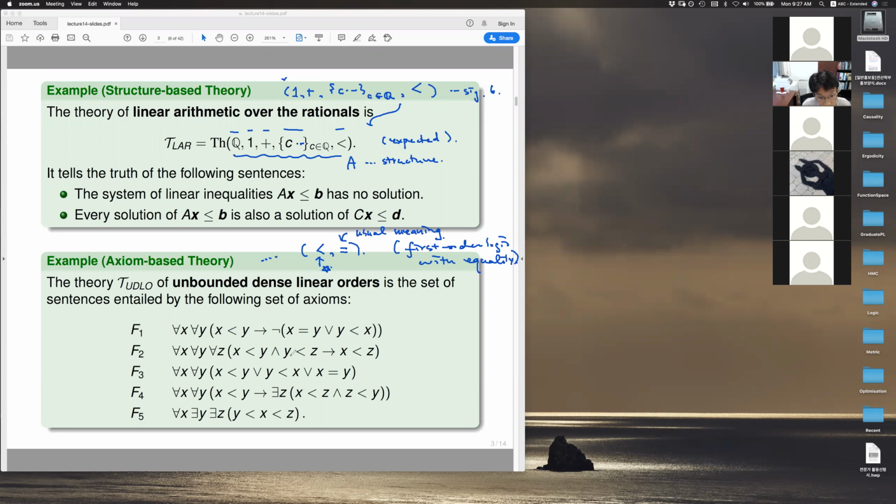So this is sometimes called transitivity. And the third one says given any x and y, they are in some relationship: either they are equal, or x is less than y, or y is less than x. So this is sometimes called linear order or totality.